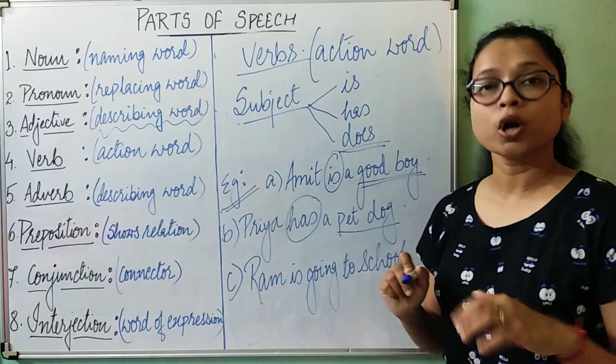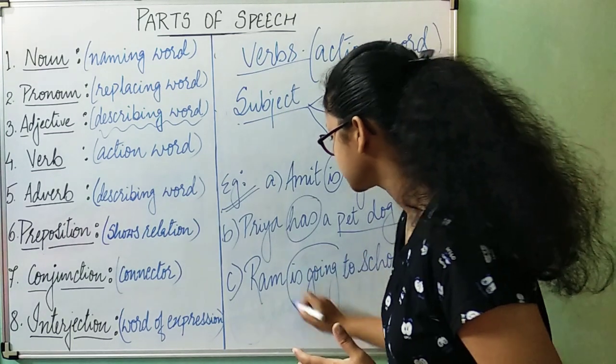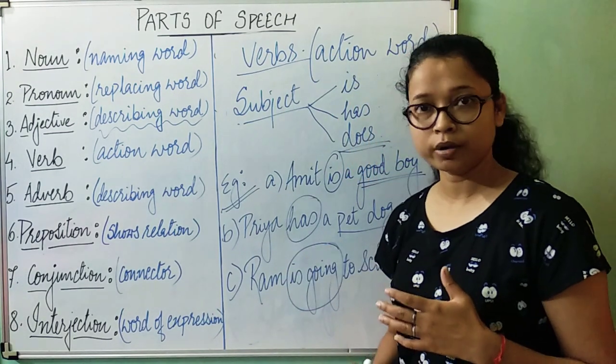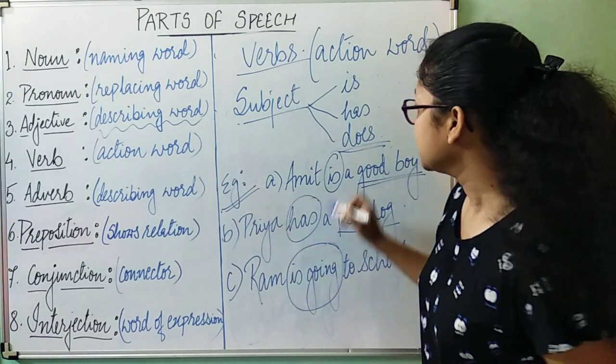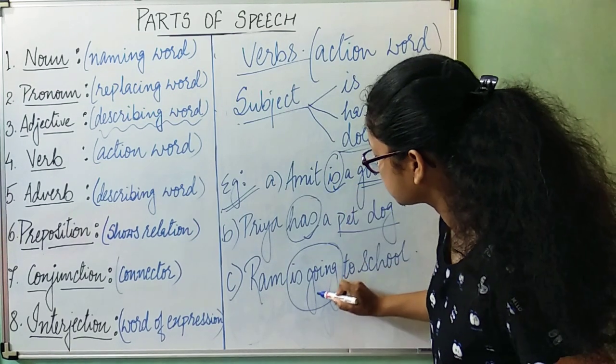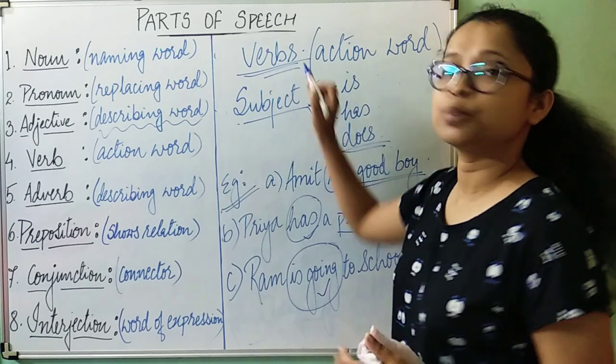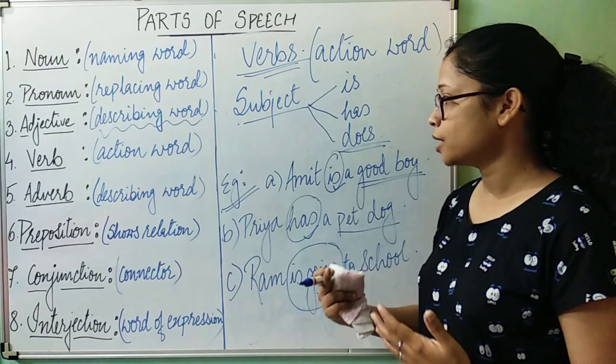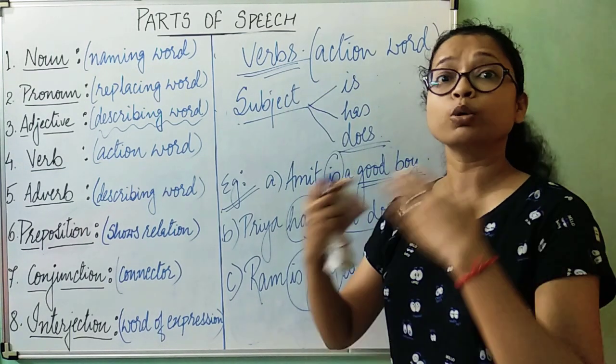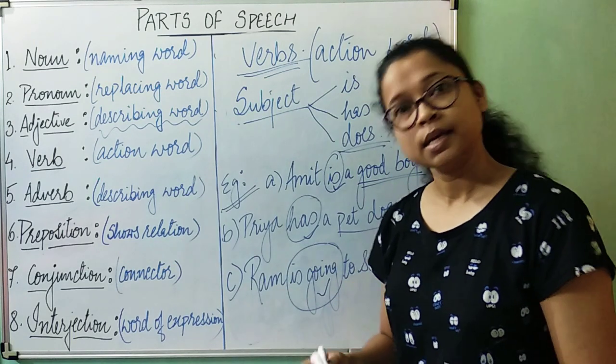So what is Ram doing? Ram is going to school. Can you see these 3 words are the verbs? They are telling us about the subject, about the action being conducted by the subject.